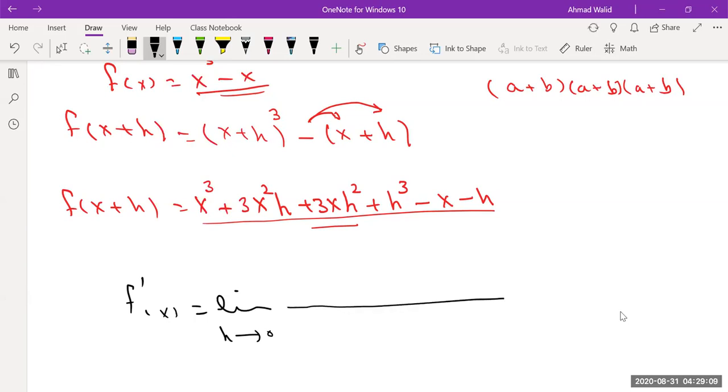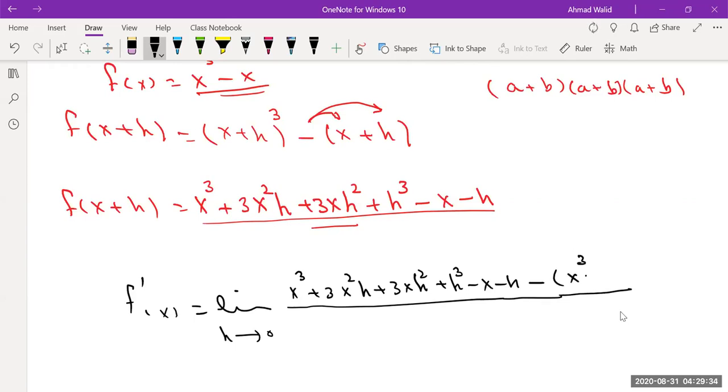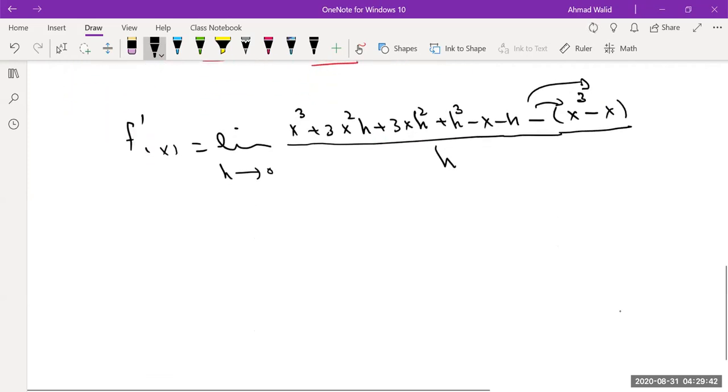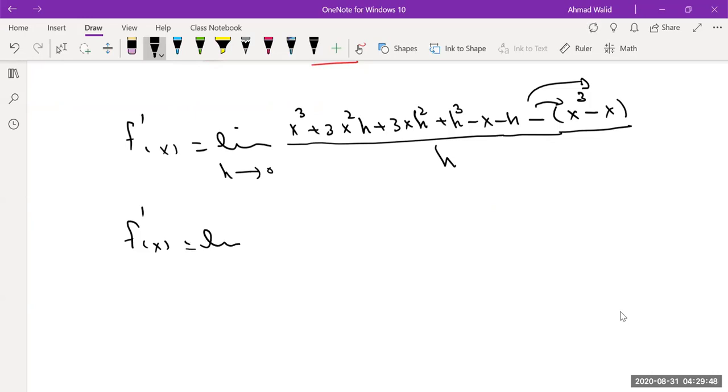In the top, you had f of x plus h. f of x plus h is actually this, x cubed plus 3x squared h plus 3xh squared plus h cubed minus x minus h minus f of x. Your f of x is x cubed minus x. Here, distribute the negative, of course, over h and simplify.